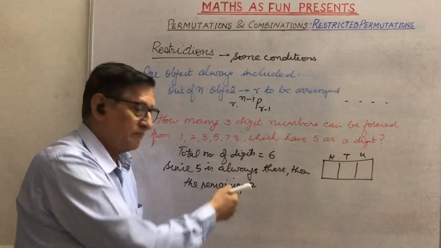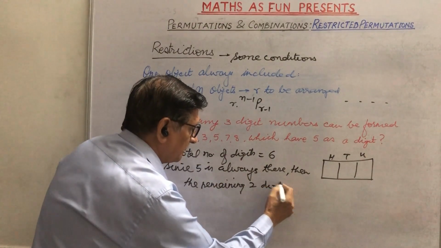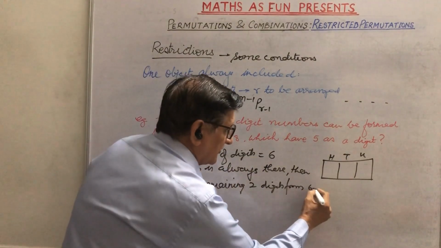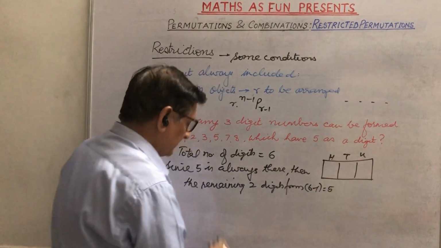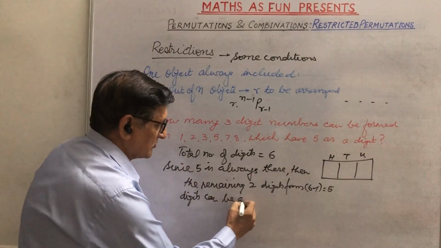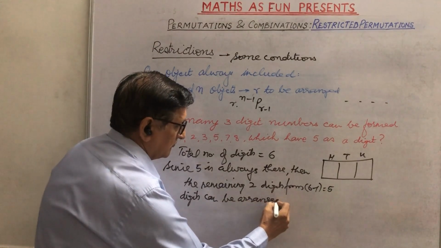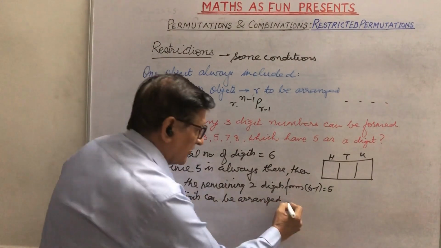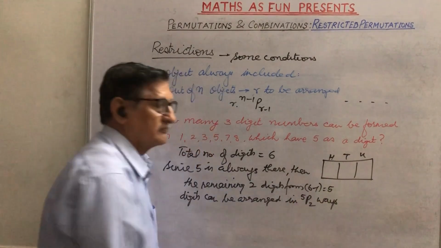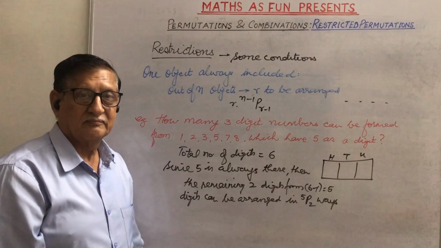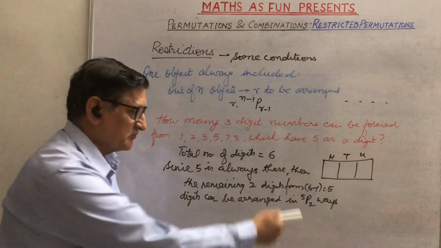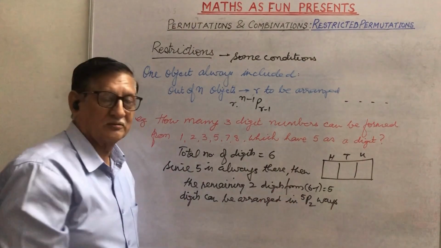These 2 digits from how many? From 6 minus 1, that is equal to 5 digits, can be arranged in how many ways? In 5P2 ways. That is (n minus 1)P(r minus 1), which is (6 minus 1)P(3 minus 1).